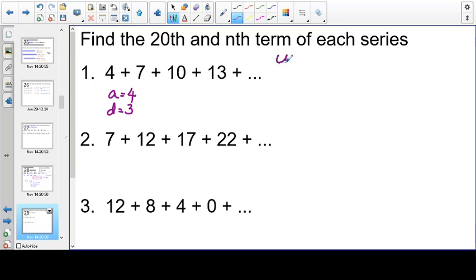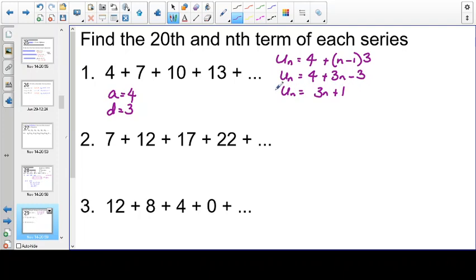So UN is going to be A plus N minus 1 D. So 4 plus 3n minus 3, which means UN is 3n plus 1.